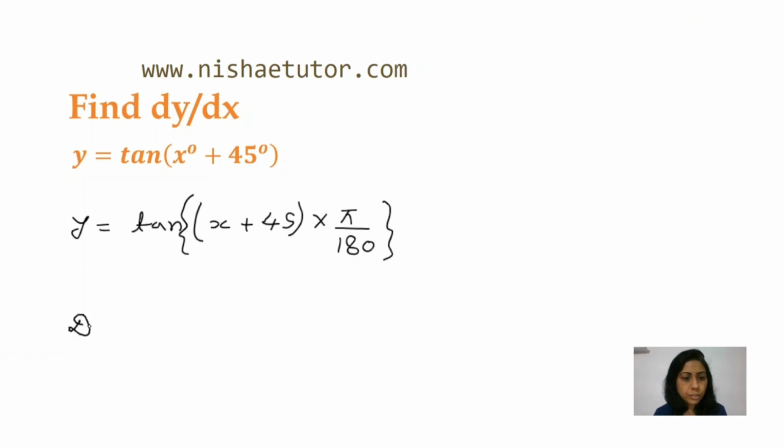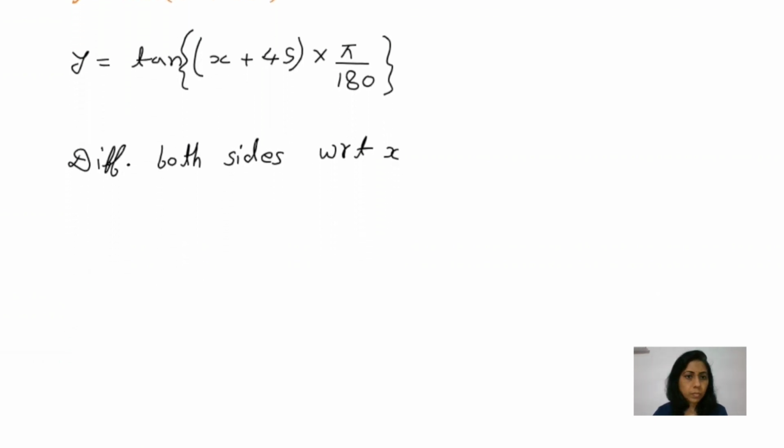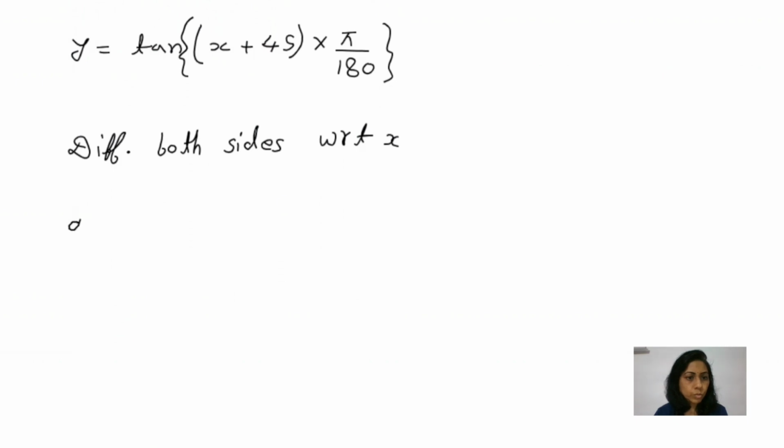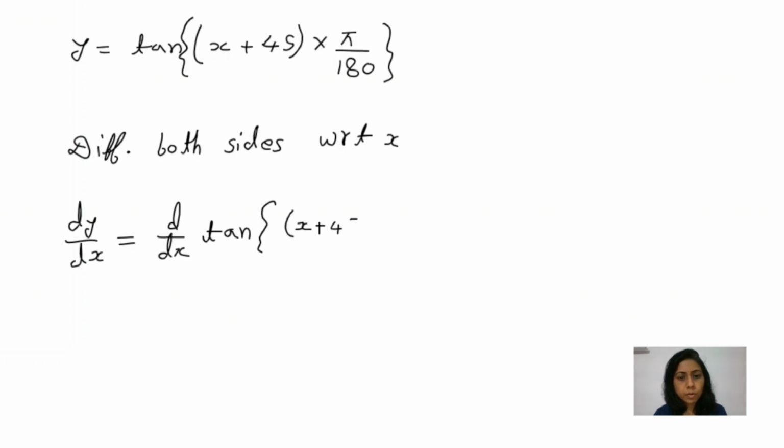Now we can differentiate both sides with respect to x. So dy upon dx is equal to d upon dx of tan((x + 45) multiplied by pi by 180).